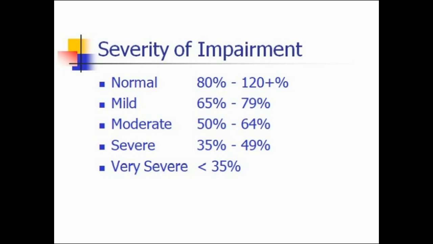And 49 to 35% is severe, and then less than 35% is very severe. So in these measurements, we not only identify if a patient is normal or has some level of lung function impairment, as well as how serious that impairment is.